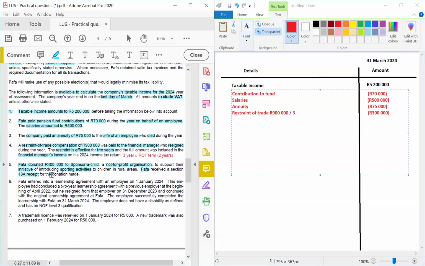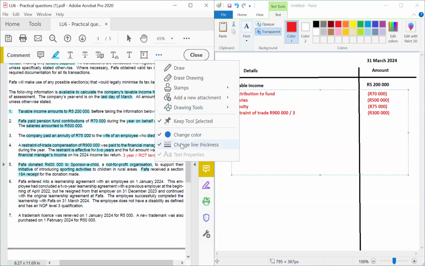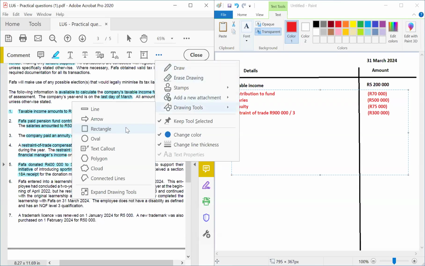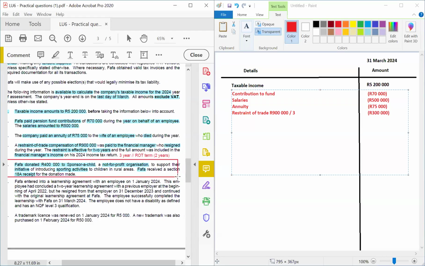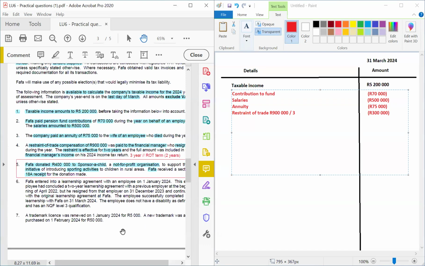Now, every time I see a donation, I am going to flag it for myself. This is something I deal with at the end, when I am done with all the information. I'll show you why we are going to flag it. So we are putting it in red so that we can come back, right?